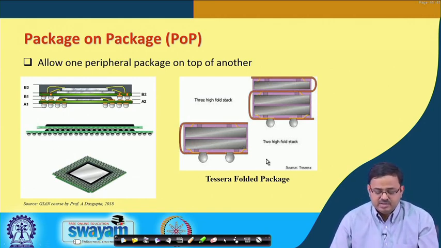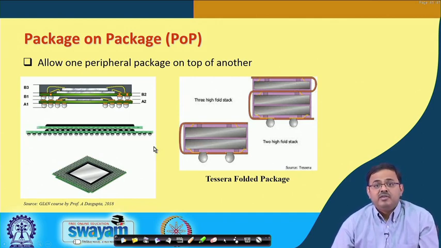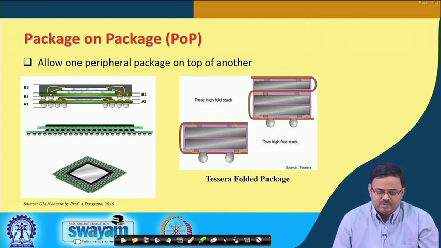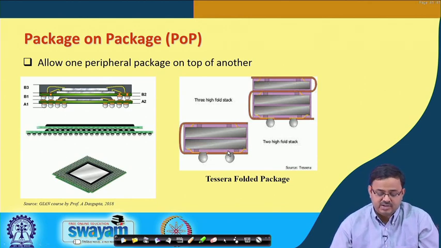And then sometimes, you know, these substrates can be flexible. So, you can have these folded packages. I am showing this Tessera folded package, and you see the substrate, it was a common substrate which is folded through 2 right angle bends, and this is how the 2 packages are now stacked on top of each other.